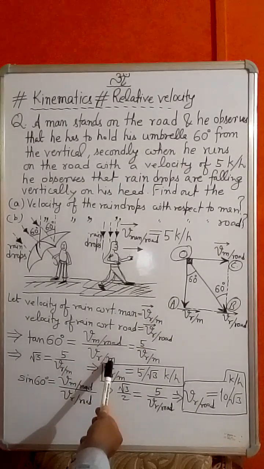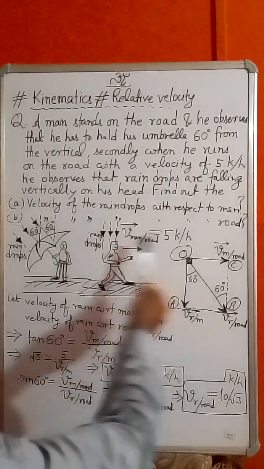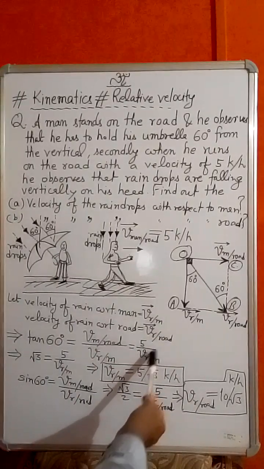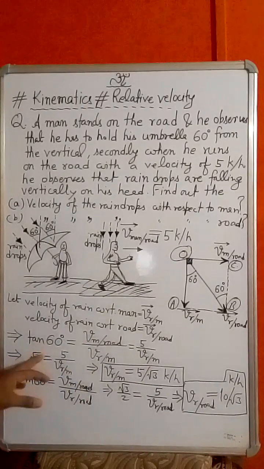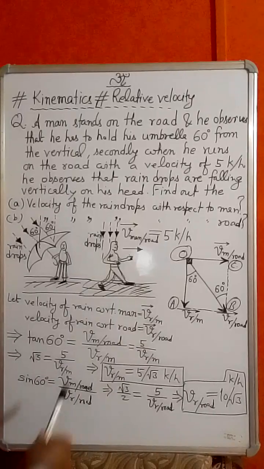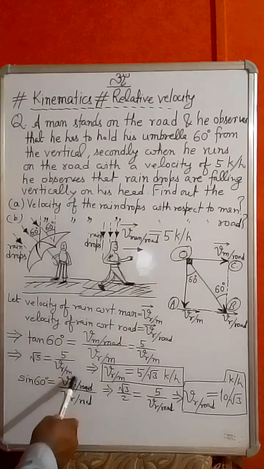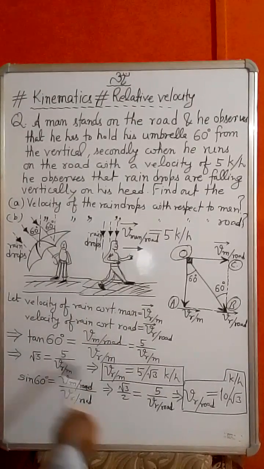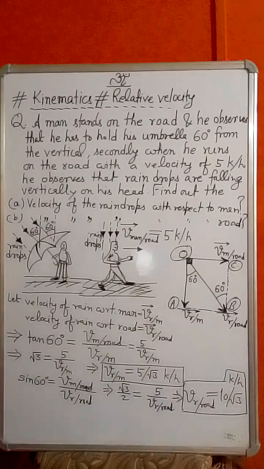Velocity of man with respect to road is given as 5, divided by velocity of rain with respect to man. Tan 60, the value we already know, is root 3. So root 3 is equal to 5 upon V_R/M. From here we find that the velocity of rain with respect to man is equal to 5 upon root 3 km per hour.